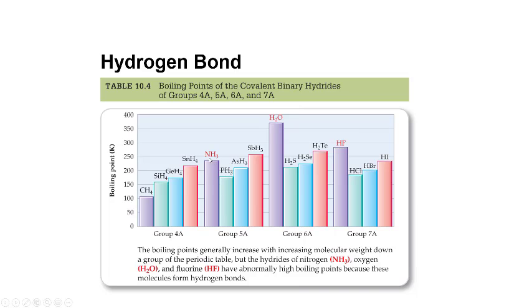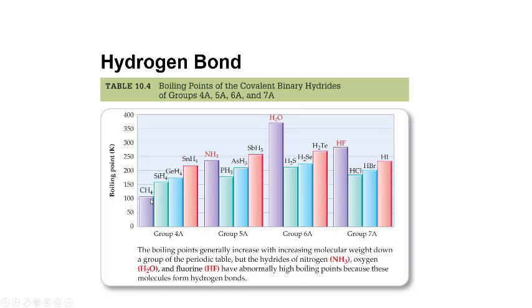We can see that our NH3, H2O, and HF boiling points are higher than expected when looking at the trend of the other molecules as we move downward on our periodic table. The reason those boiling points are so high is because of the hydrogen bonding present when you have hydrogens bonded to our highly electronegative atoms of nitrogen, oxygen, and fluorine.